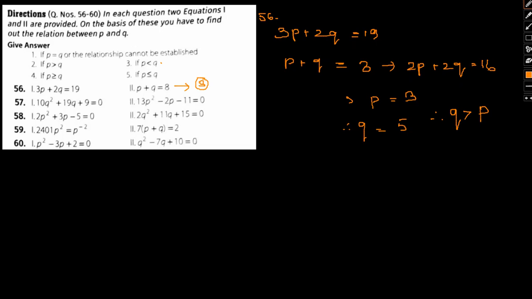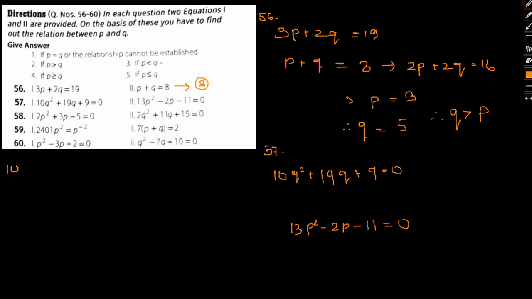Now let's take a look at 57. For 57 the first is given as 10q square plus 19q plus 9 equal to 0, and another one being 13p square minus 2p minus 11 equal to 0. Let me try and solve both these equations.